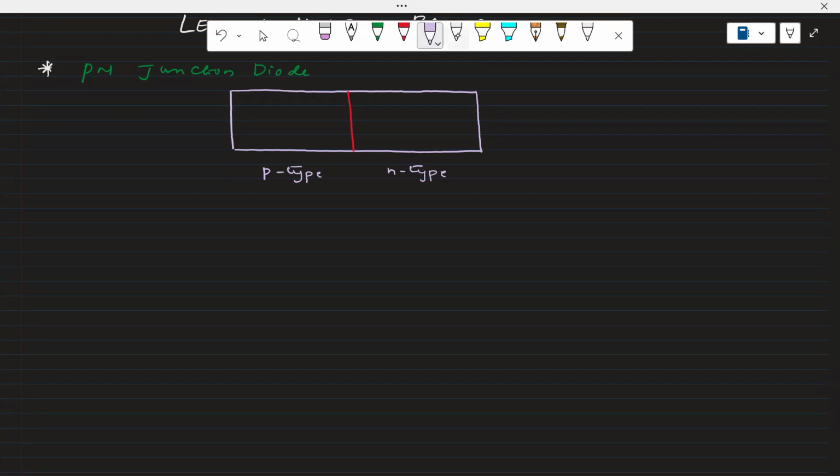So what we can observe here is that plenty of holes will be there, am I right or not? And you can see these are the different atoms, and this is the electron side.